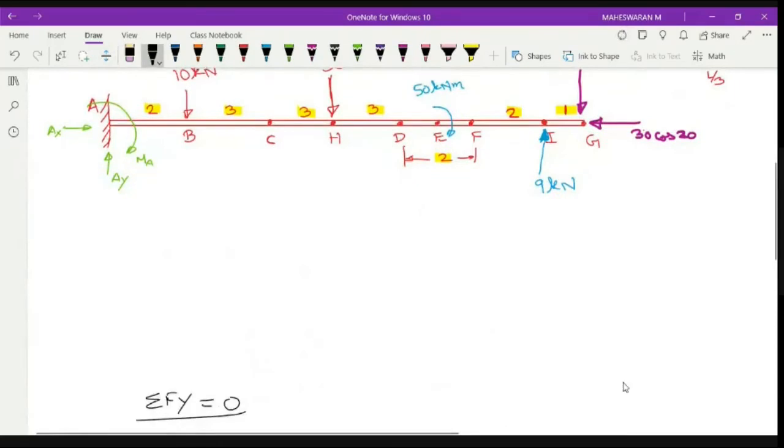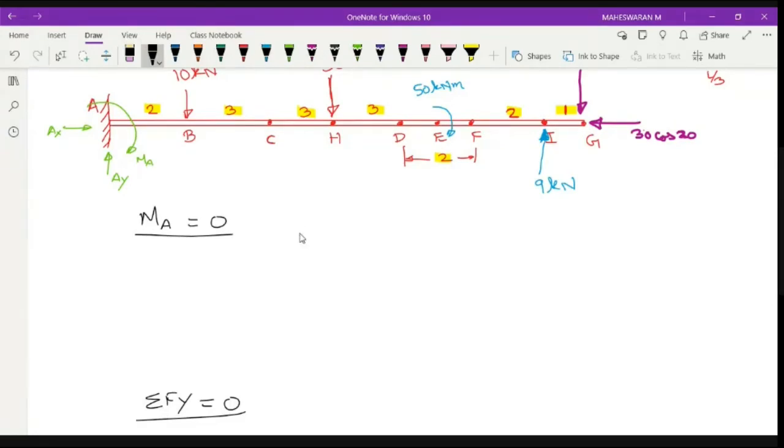Now we'll proceed with moment. When we take moment at any point, it is equal to 0. I'm going to take moment at A, and it is going to equal 0. So I'm taking moment at point A and I'm going to equate it. In the beginning itself, I told that it is equal to 0. Whatever I do, it will be equal to 0 only.